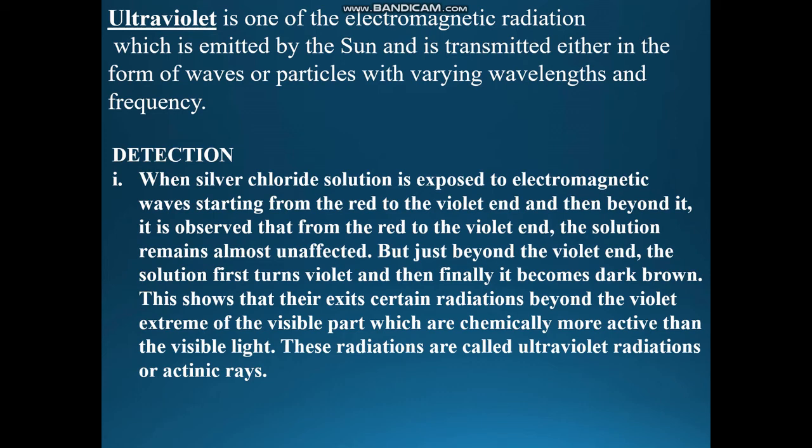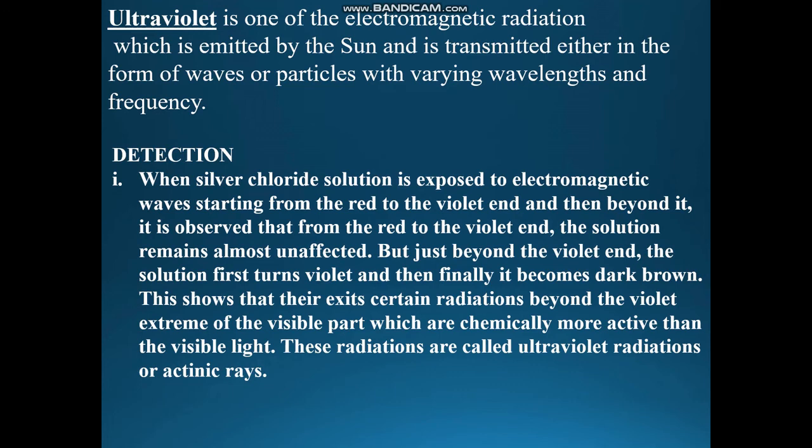That means when we were moving the silver chloride solution from red to the violet end, there was no change in it. But as soon as it moved beyond the violet end, the solution turned violet and then finally it becomes dark brown. That means there is some kind of activity which is taking place beyond the violet end.